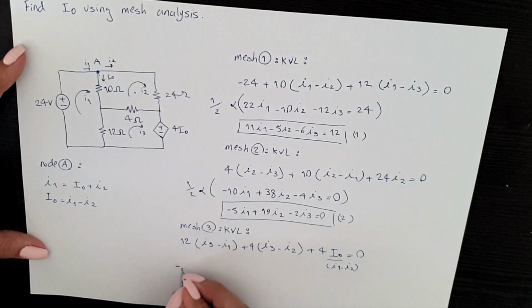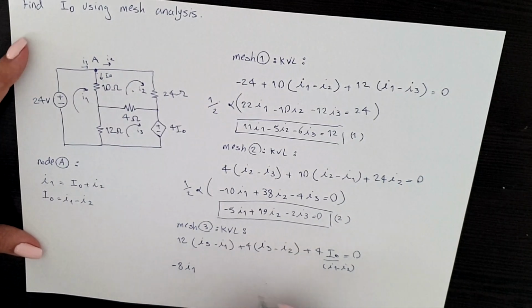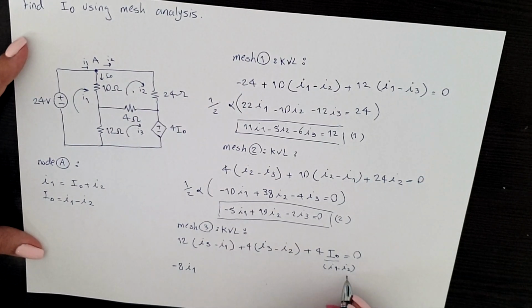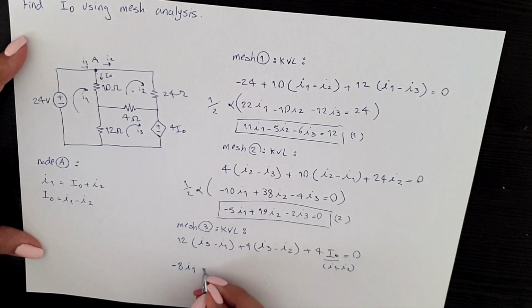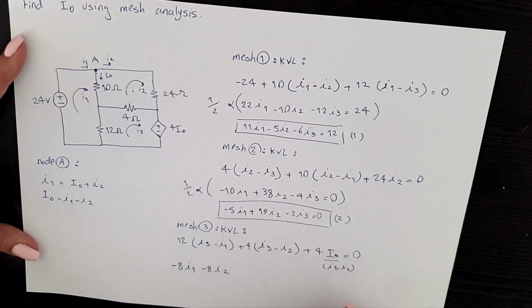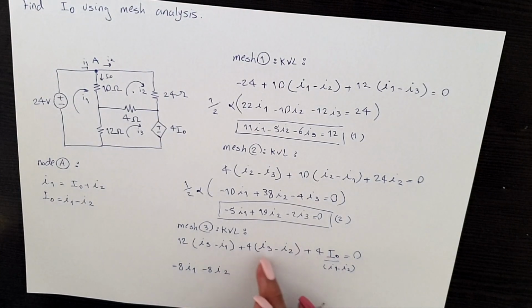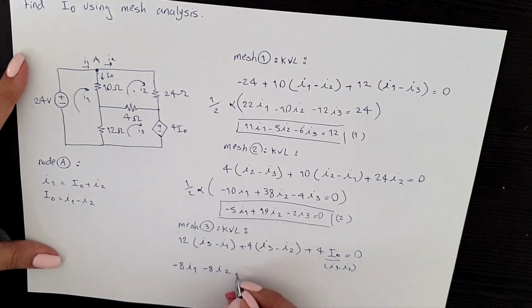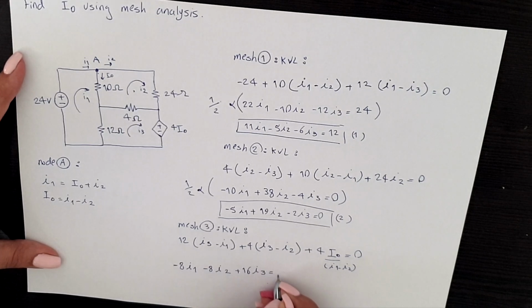We get minus 8I1 minus 4I2 minus 4I2 plus 16I3 is equal to 0.